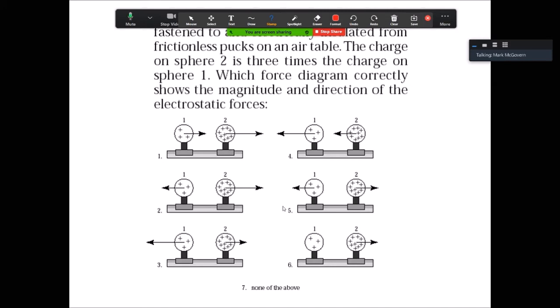2 and 5, well, here's the difference between 2 and 5. In number 5, the right sphere has a vector that's much shorter than in 1 and 2. And we have to obey Newton's third law here, so we have to have equal and opposite forces. That's being obeyed in number 5, not obeyed in number 2.